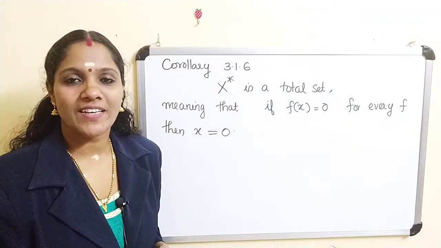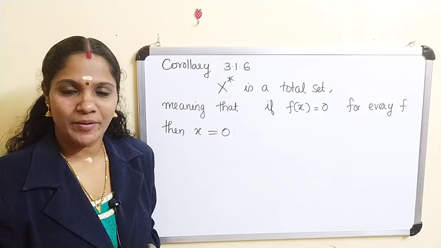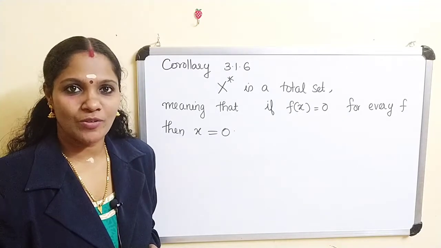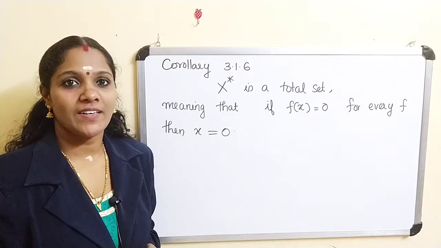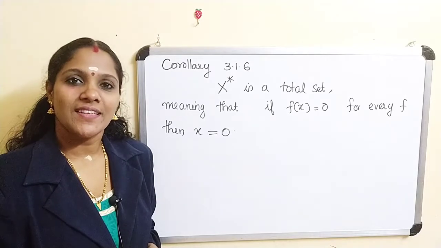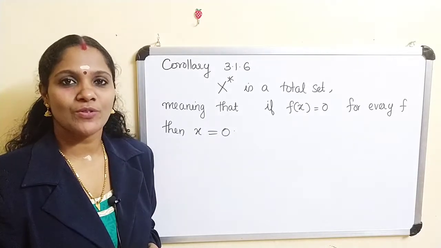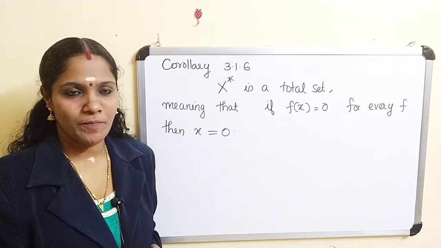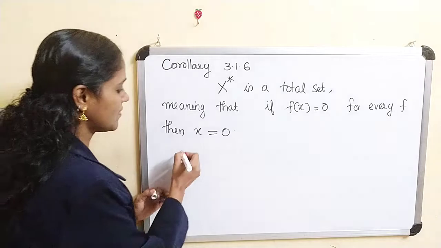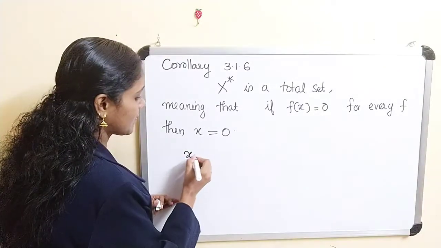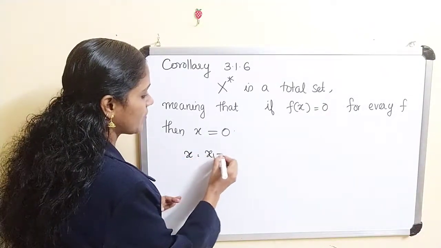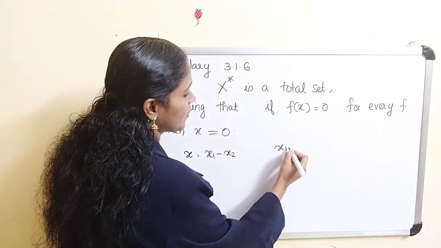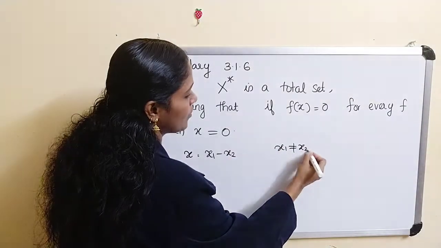Now what about corollary 3.1.5? For any x1 belongs to X, x2 belongs to X, if x1 not equal to x2, then there exists an f belongs to X star such that f of x1 not equal to f of x2. That you can write as, you take some x equal to x1 minus x2.